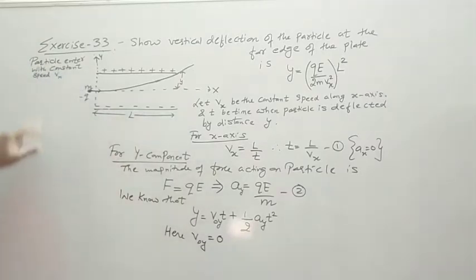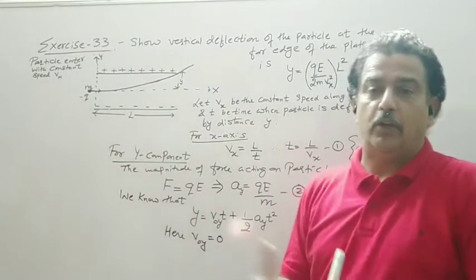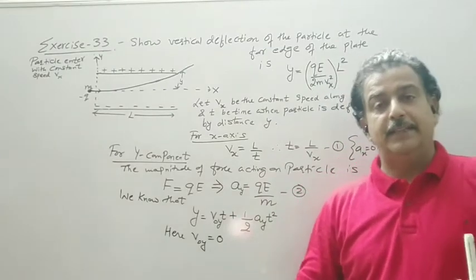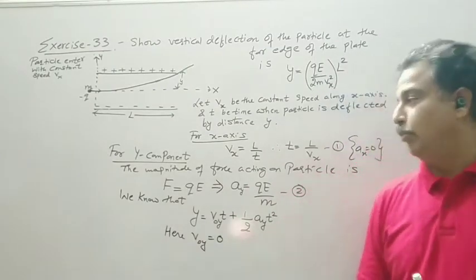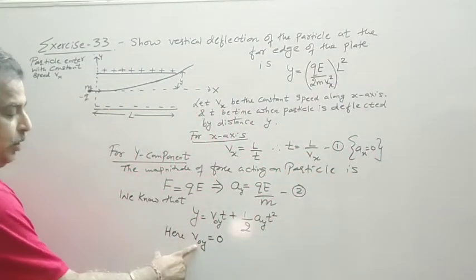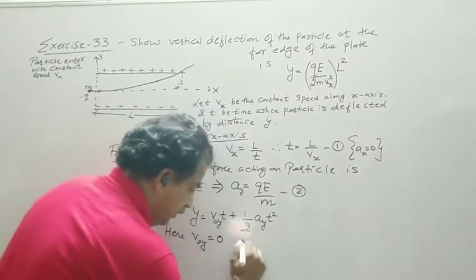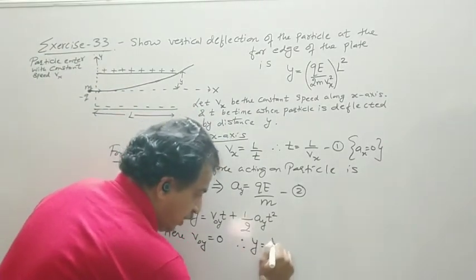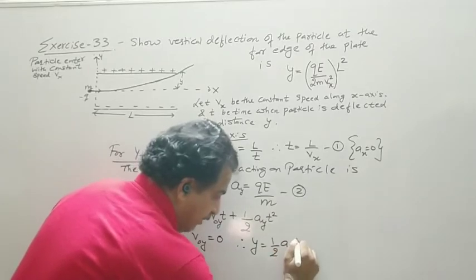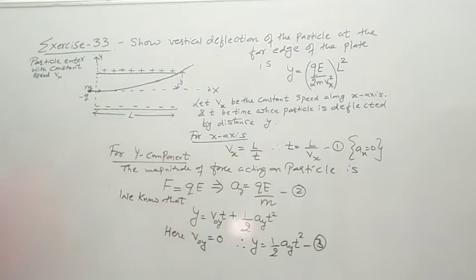The particle enters with a constant speed vx, so the initial velocity along the x-axis remains the same, as in projectile motion. Here the vertical component, the y component of the speed, is 0. Therefore, y is equal to half ay t square. That is equation number 3.